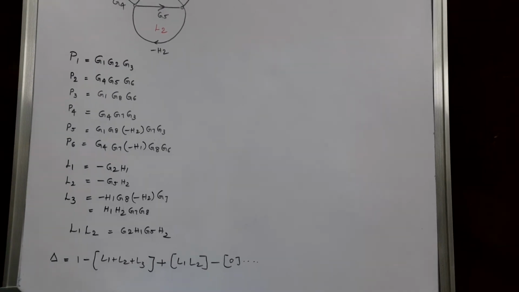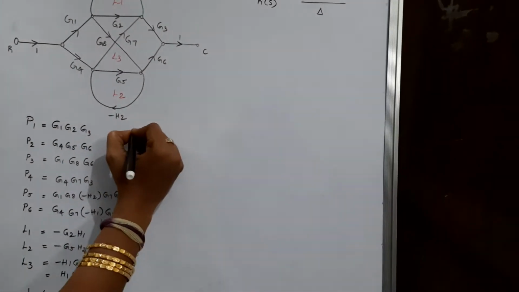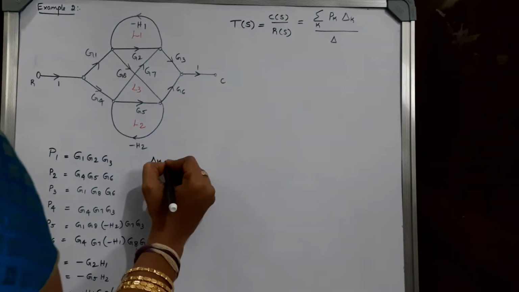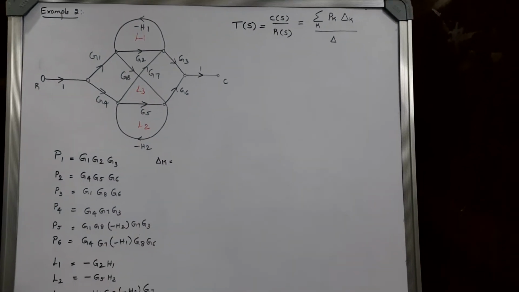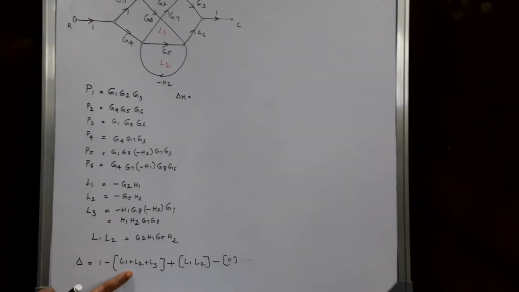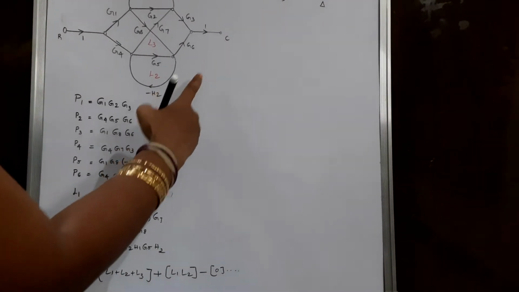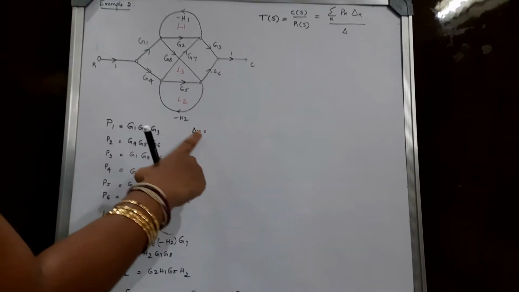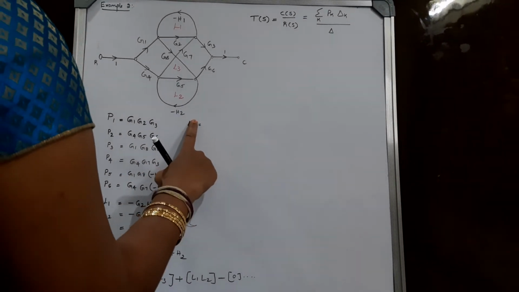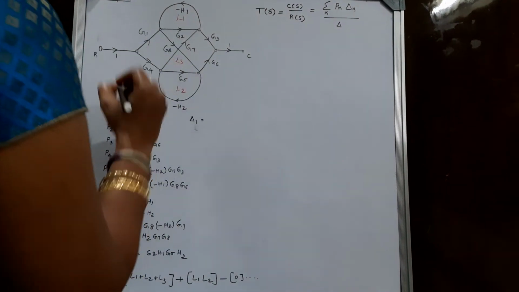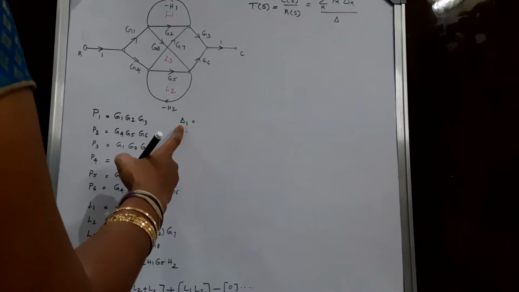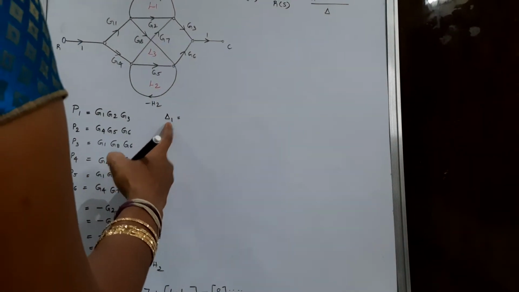Now we need to find out what delta k is, so that we can substitute here. Delta k is the same as delta, but we need to consider only those loops which do not touch the kth forward path. So now I am considering the first, that is delta 1, because P1 means correspondingly I will be finding out what delta 1 is here.